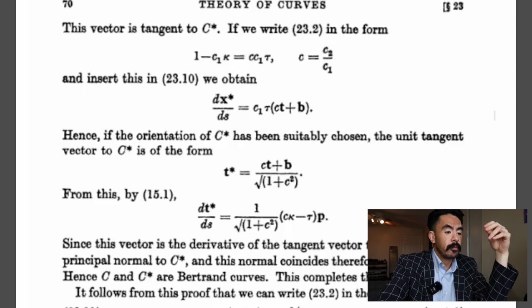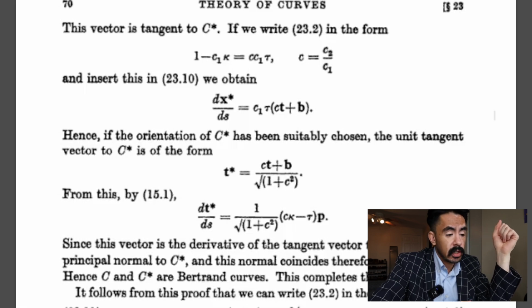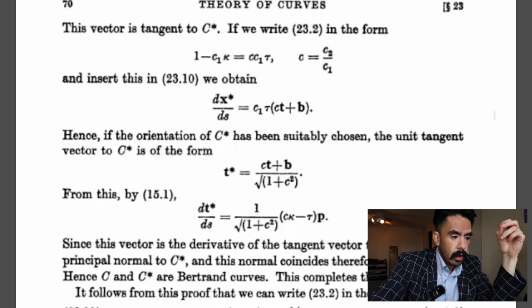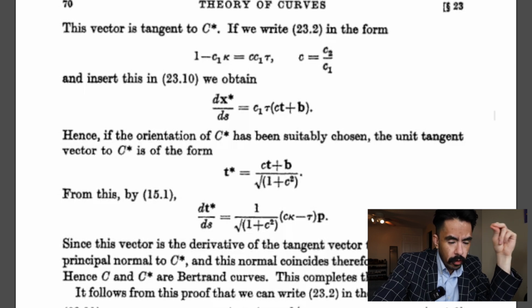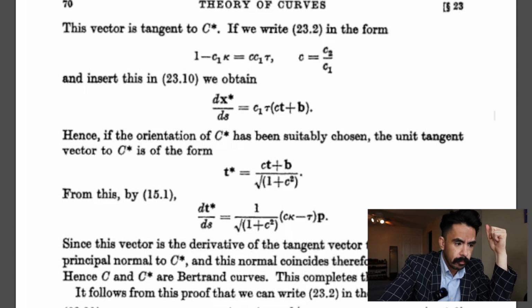Hence, if the orientation of c star has been suitably chosen, the unit tangent vector to curve c star is of the form t star is equal to numerator scalar c times vector t plus vector b over denominator, which is scalar square root of the quantity 1 plus c squared closed quantity.